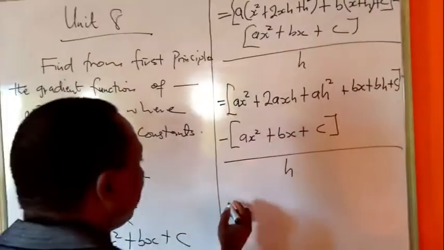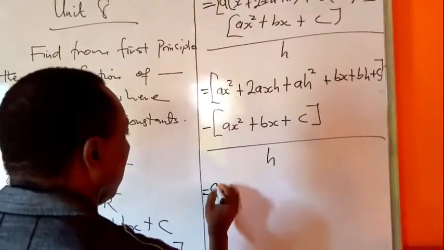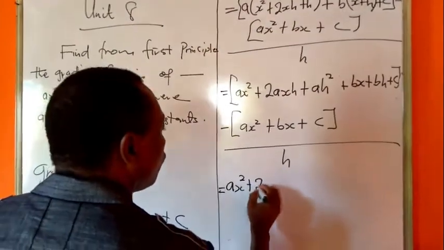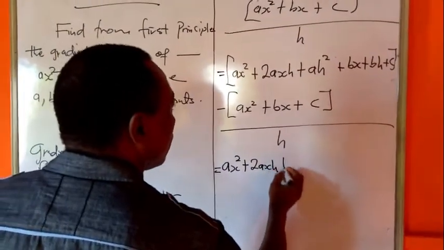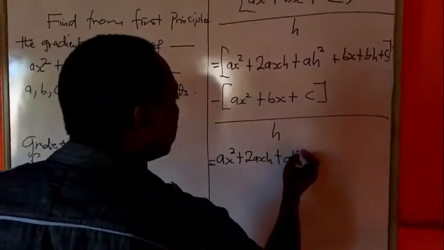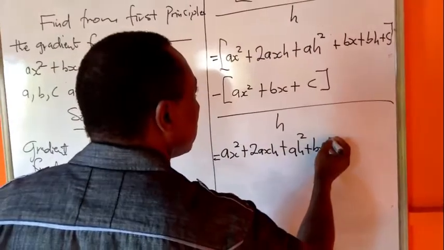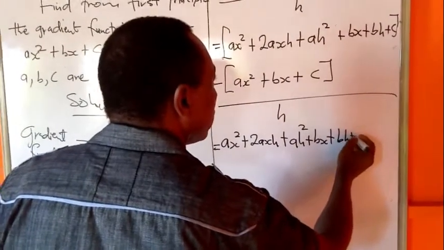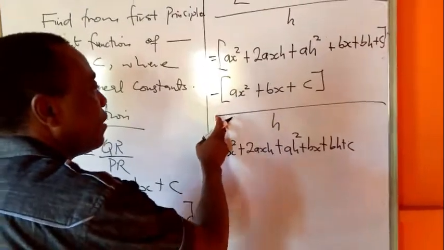So we now have equal to ax squared plus 2axh plus ah squared plus bx plus bh plus c. Let's see whether we can squeeze it in.